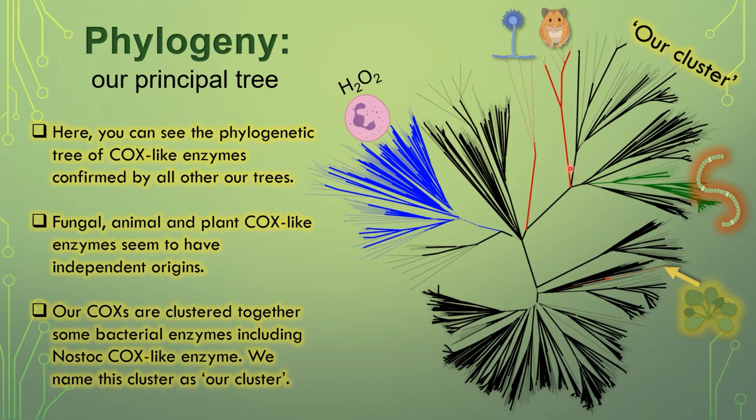Here you can see that our cyclooxygenases are clustered together with some bacterial enzymes, including the cyanobacterial enzymes, and we named this cluster the animal cluster.